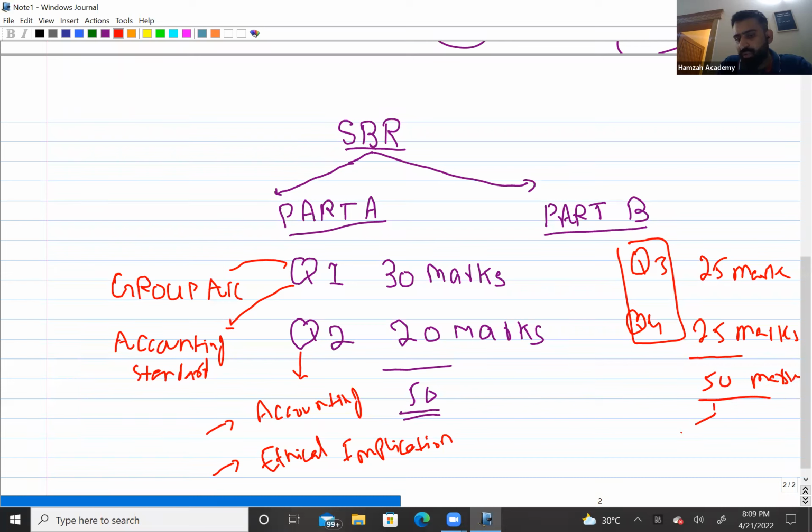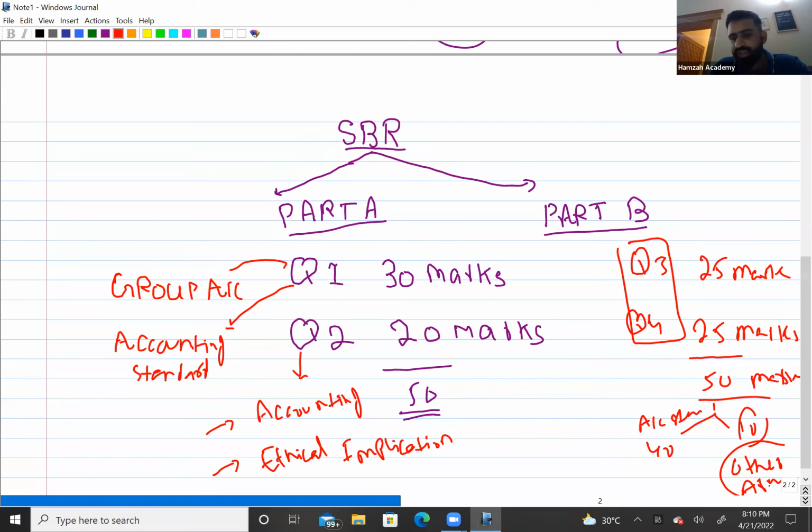And let me tell you, out of 50, 40 marks will be from accounting standard, and 10 marks will be from other areas of syllabus, like conceptual framework, like small and medium enterprises, for example, alternative performance measurement. Such topics will be tested.